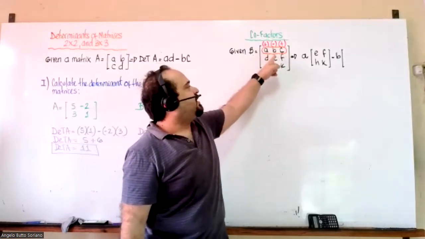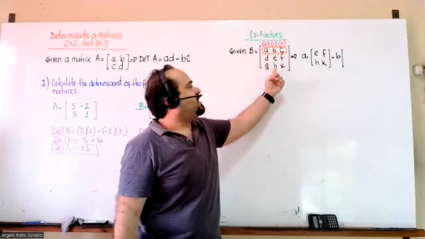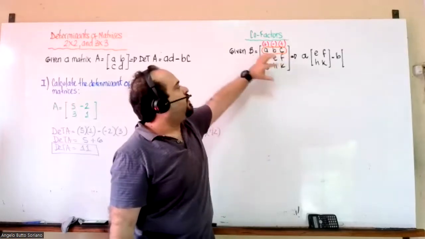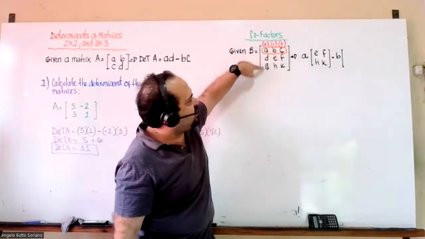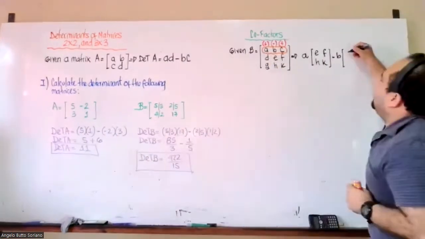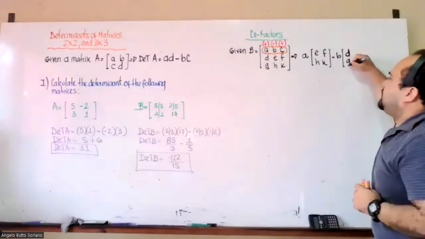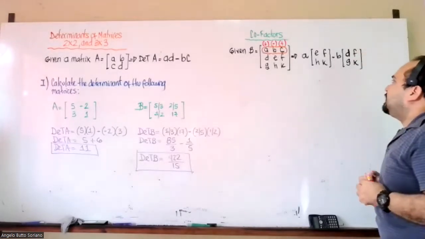So in simple words, A and C will disappear. E and H will disappear. What will be the remaining variables? D, G, and F, K. D, G, F, K. Okay.